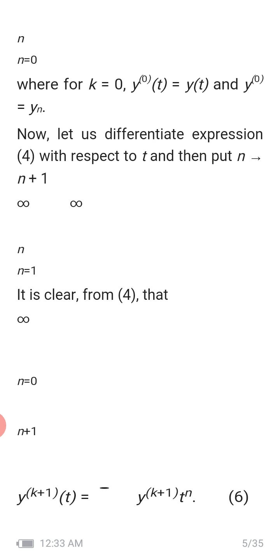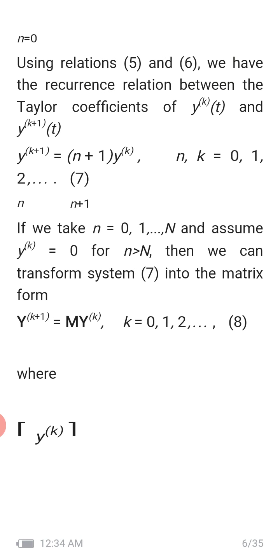Now let's differentiate expression 4 with respect to t, then put n to n plus 1. Therefore, y^(k+1) of t equals the sum of y_n^(k+1) times t to the power n, where n equals 0.